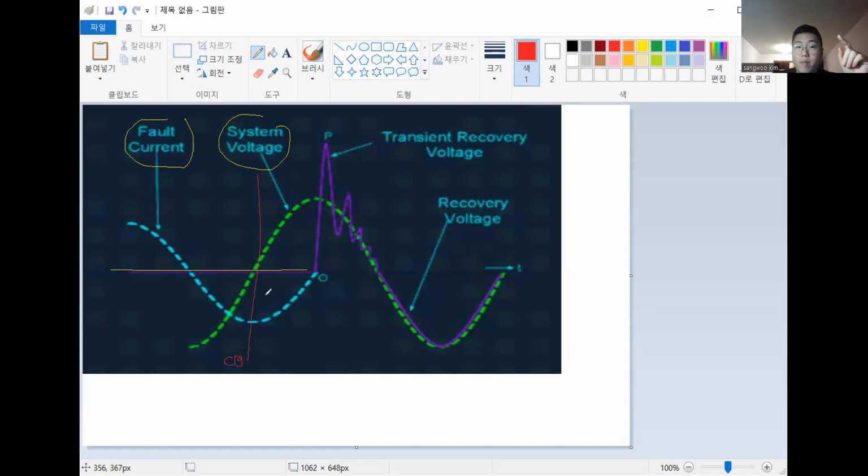But at that time LC vibration happens. As you guys know, whatever the current is, it needs to stop, to disappear, at the current zero point here. You can see here, it has to stop here, right?